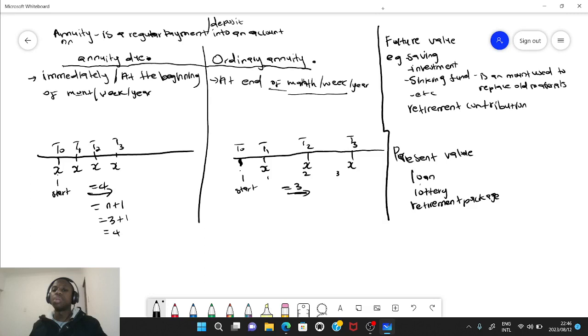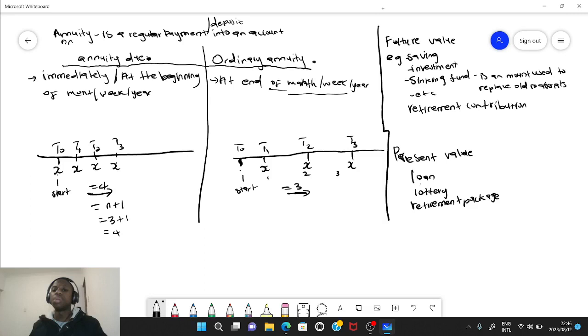So whenever that person gets the money, she or he now has the money on themselves. It's a package of that money. Now it's a present value because they have it. But while they were working, they had the retirement contribution. They didn't have their money on themselves, but that money was taken into a certain account which will contribute to the retirement package.